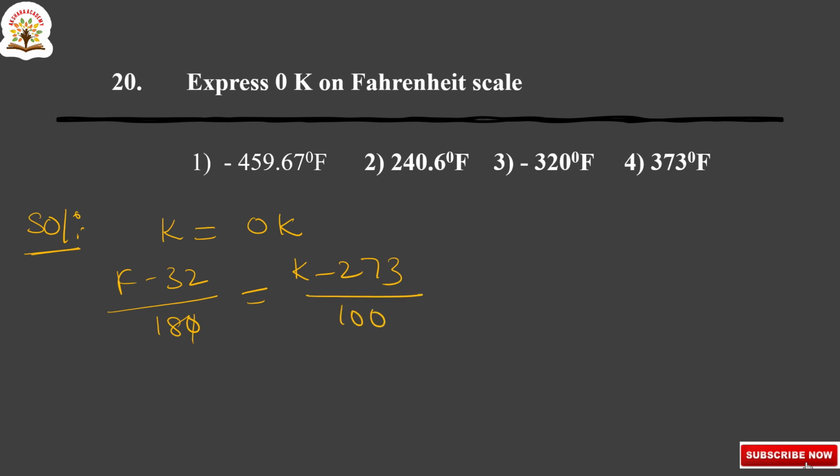Now the 0s get cancelled, 2 nines are 18, 2 fives are 10. So F minus 32 by 9 is equals to, in the place of K they given as 0, 0 minus 273 by 5. So F minus 32 by 9 is equals to minus 273 by 5.